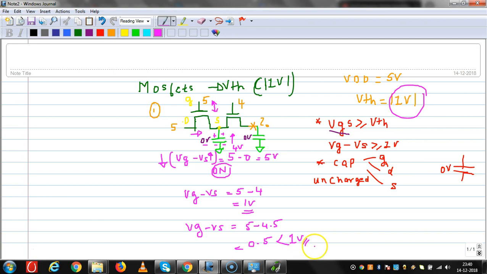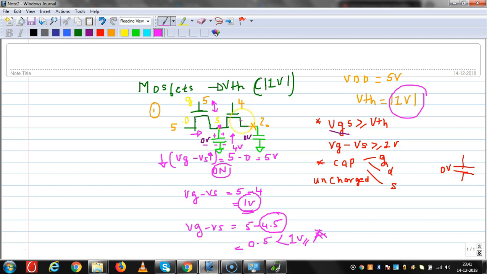It means your MOSFET is off. If the MOSFET is off, there cannot be any current. So this case cannot happen because the MOSFET cannot be on such that you charge it up to 4.5. So the maximum voltage to which you can charge here is 4 volts, because at 4 volts the gate to source voltage will become 1 volt, which is the minimum voltage to keep the MOSFET on.